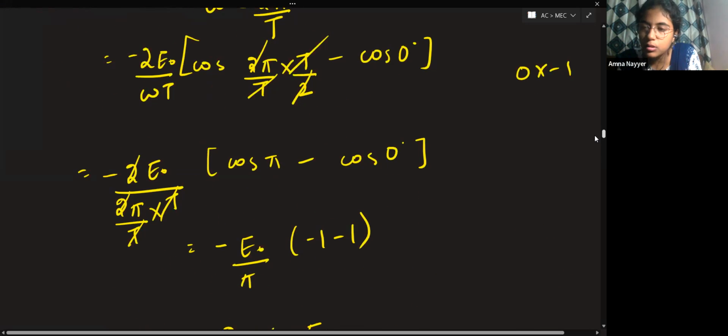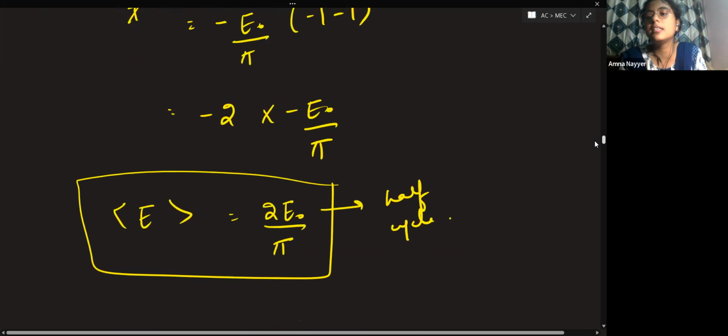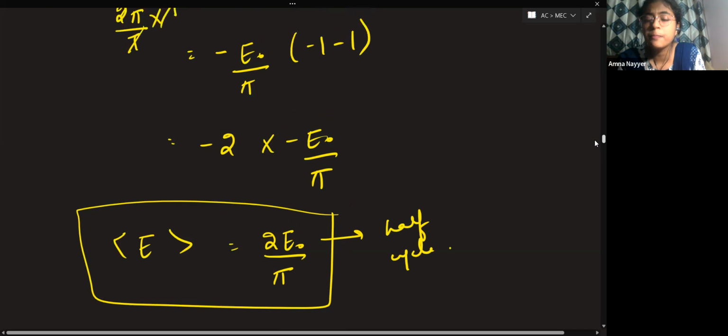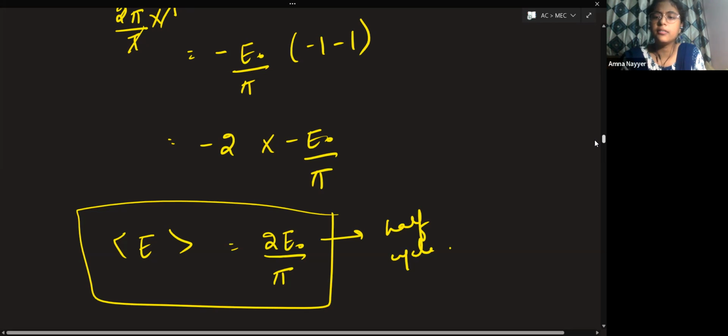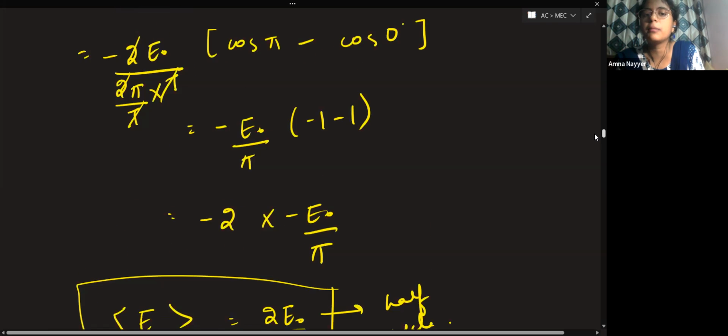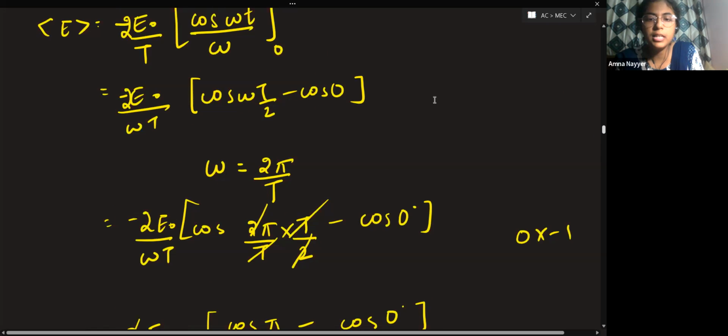So minus 2 got multiplied by minus E naught by pi. That's why our final answer came out to be positive, plus 2 E naught divided by pi. Otherwise, our answer would have been negative. Even in the previous case, when we were discussing the full cycle, if our answer was not 0, then it might have come in negative terms. But right now, since minus 2 is coming, the answer is coming positive. Clear, Krishna?